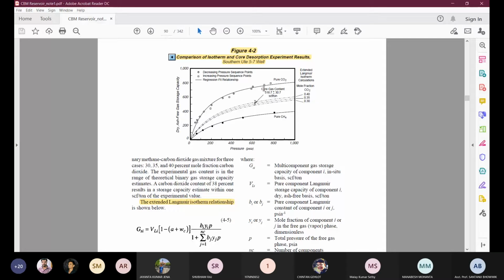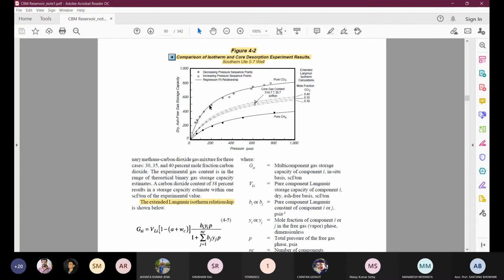But as you reduce the gas pressure by taking out the water, you can see the graph is becoming steeper. Imagine the situation is going here. As you reduce the pressure from approximately 400 to 300, you get gas production from suppose 625 to 600, so 25 or even 30 or 35 SCF per ton.